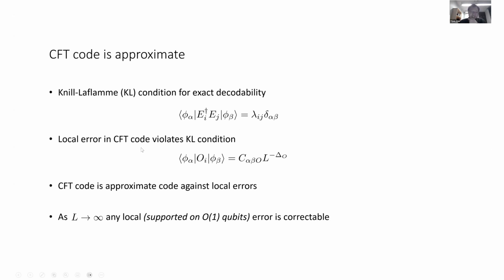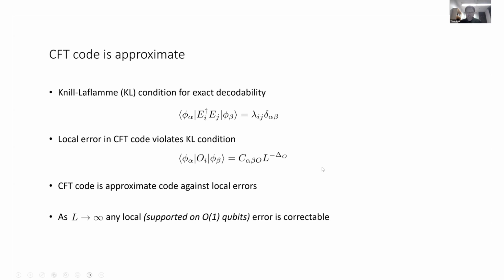But if you look at CFTs, just one error will already violate this condition. You take E_i to be identity, which is no error, and you take E_j to be some operator on the i side, let's say. That gives you an O_i, which represents the error operator. If you look at this matrix element, in general for CFTs there's something called the OPE coefficient, and then there's the system size to the power of the scaling dimension.